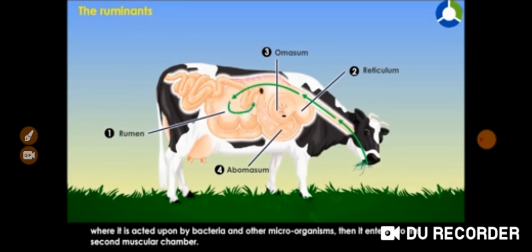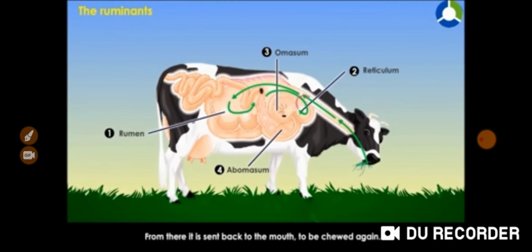Then it enters into the second muscular chamber. From there, it is sent back to the mouth to be chewed again. This is what the cow chews when it seems to be munching something thoughtfully. Then we say the animal is chewing cud or ruminating.